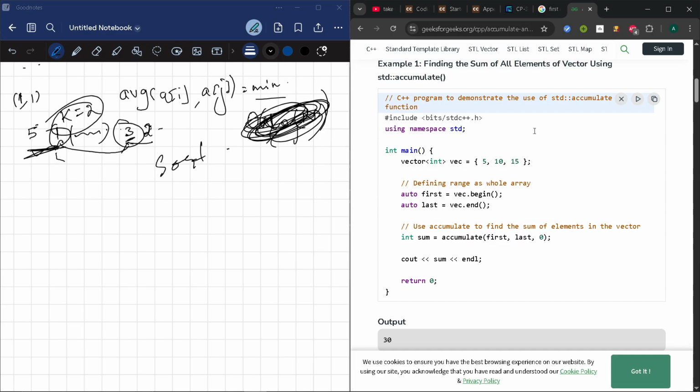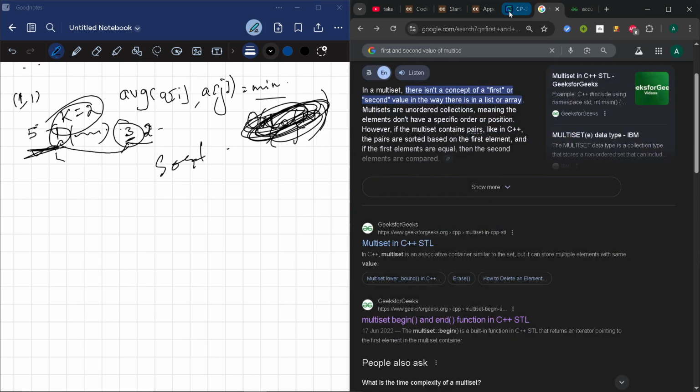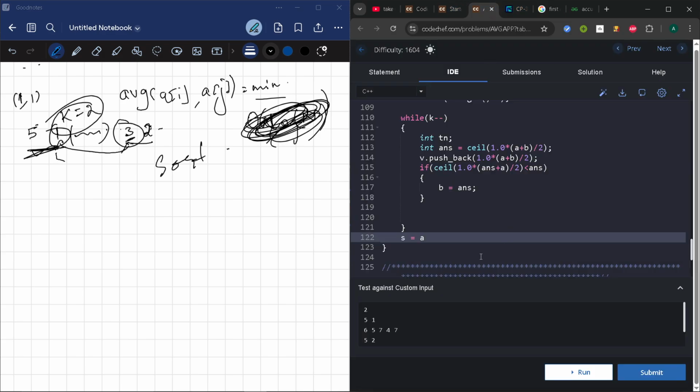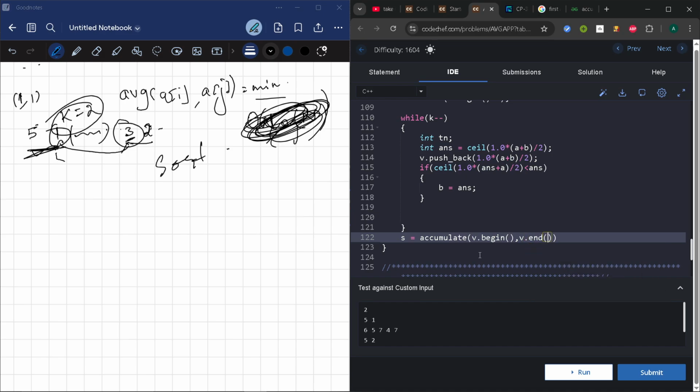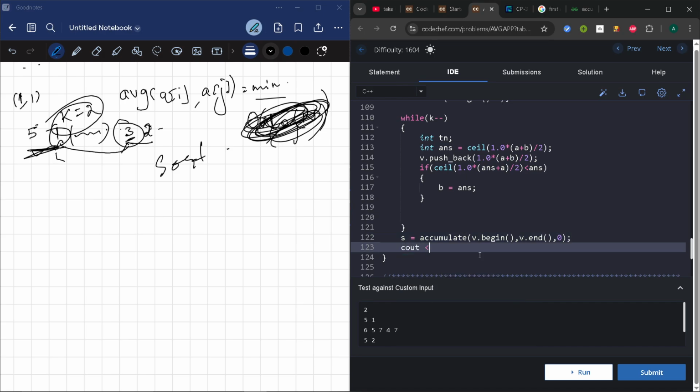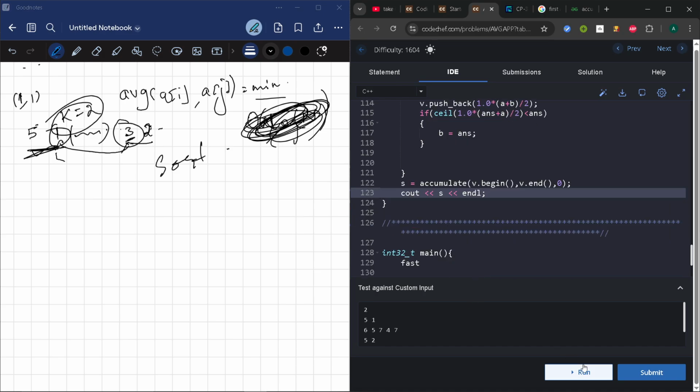Accumulate v dot begin, v dot end, comma 0. Okay. And I'll just print. And that's it.